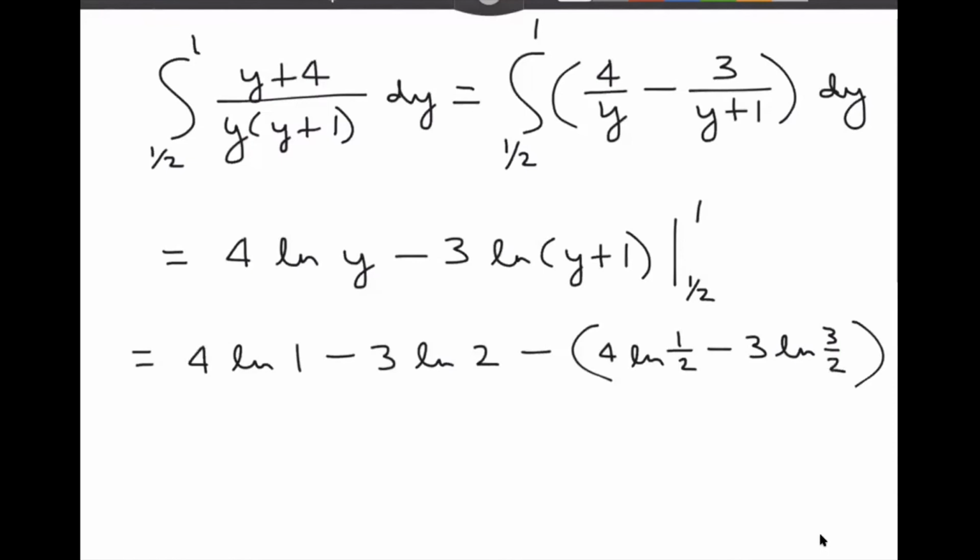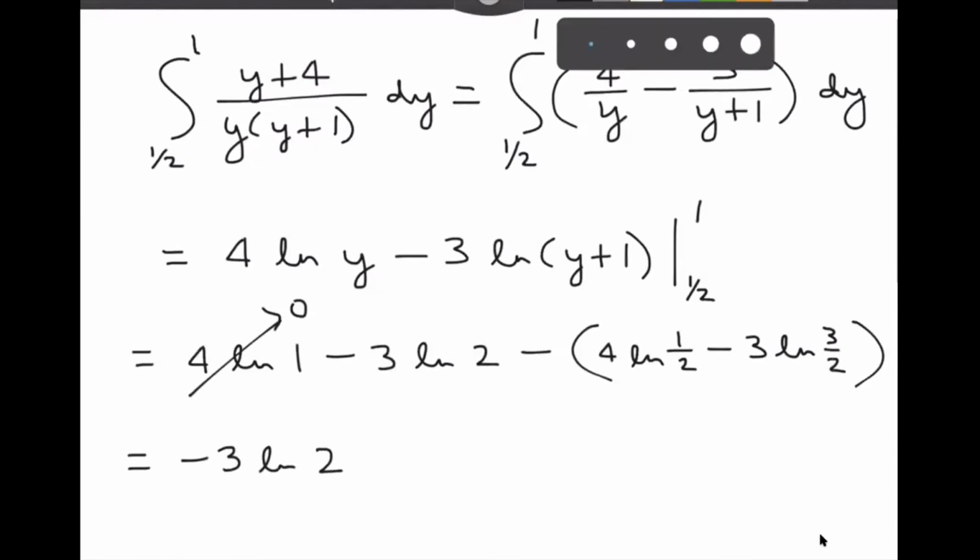Natural log of 1 is 0. So we have -3 natural log 2. And now, let's distribute the minus sign. Actually, let's do this. Natural log of 1/2 is equal to negative natural log 2. Remember that was a property of logarithms.